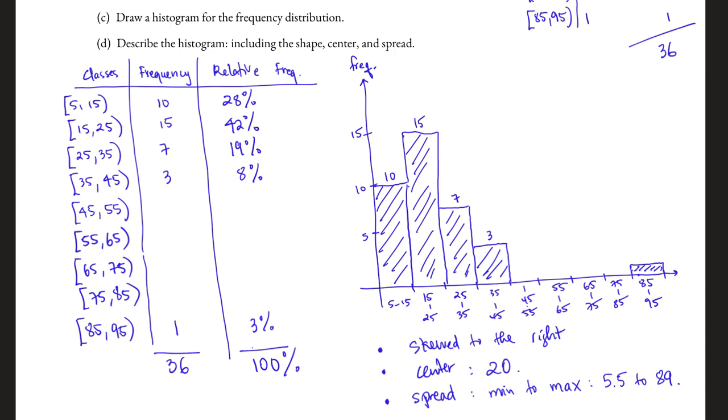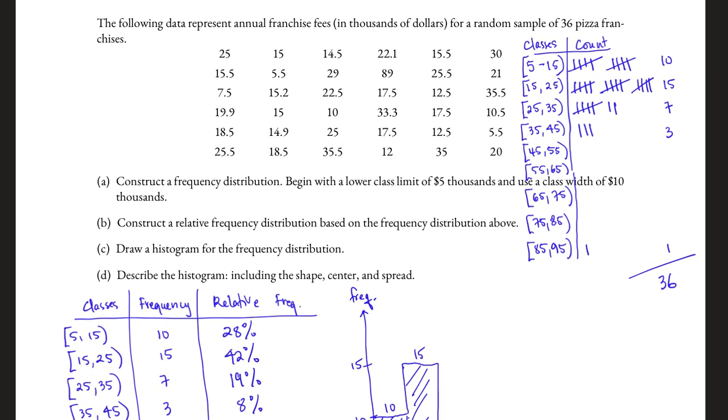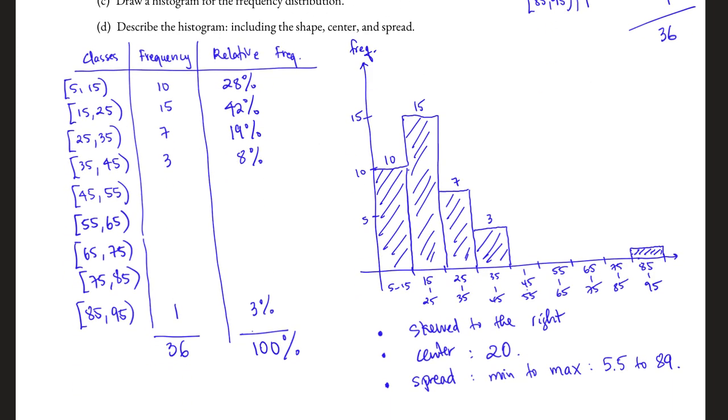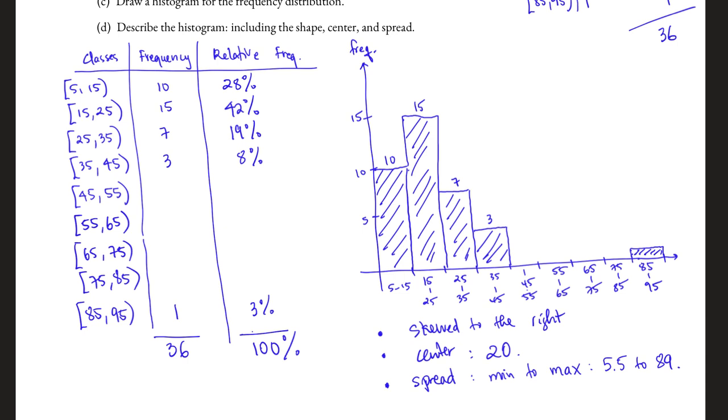If we don't have the data and we were given a histogram, then we must say that the minimum is 5 and the maximum is 95.